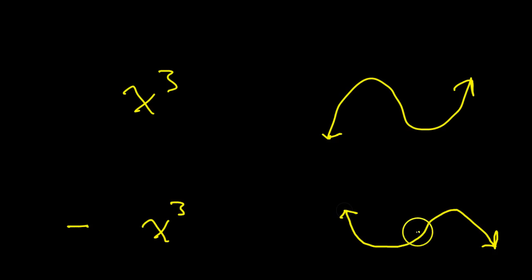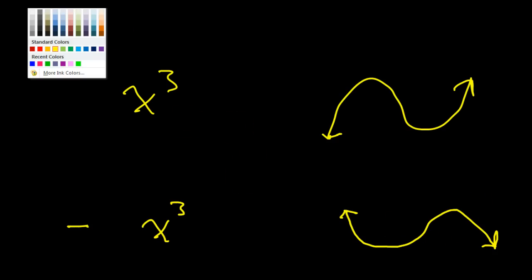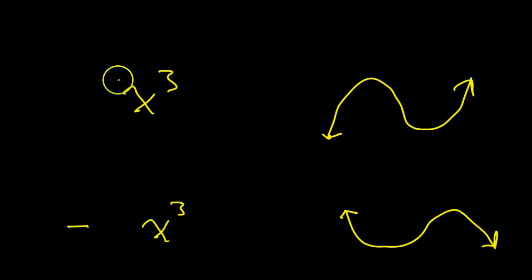It's this type of end behavior anyway. And again, it doesn't really matter what else is going on. This could be 4x to the third power plus 2x squared minus 7x plus 1. But the basic shape, particularly the end behavior, is determined by the degree, the highest exponent.